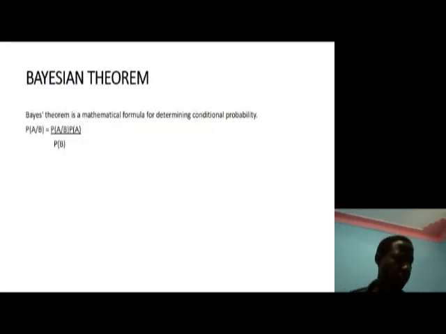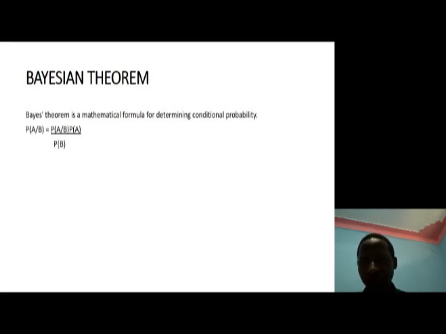Next, among the terms that we shall be using in the presentation and that I will be applying, we shall use Bayes' theorem, which is a mathematical formula for determining conditional probability.